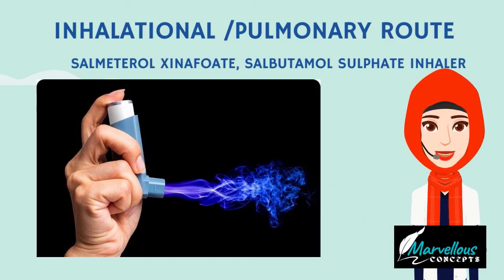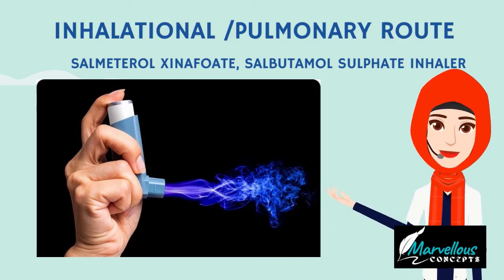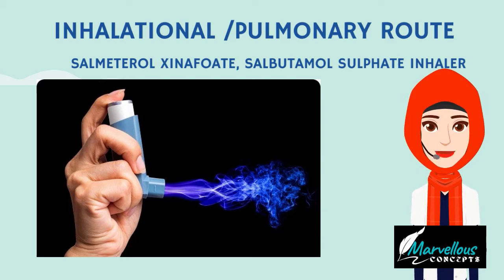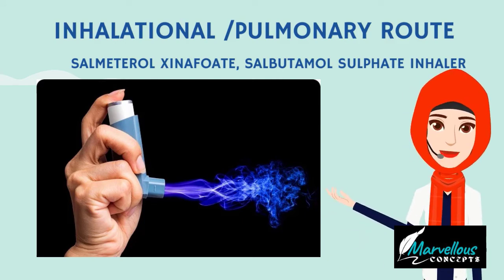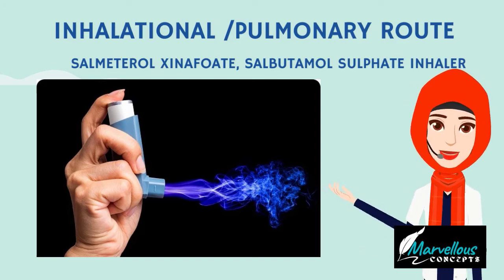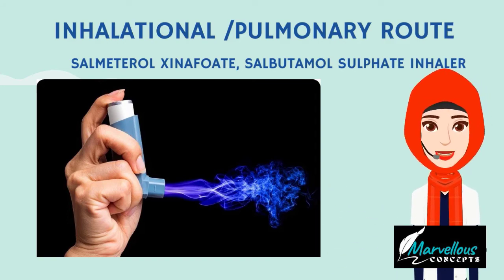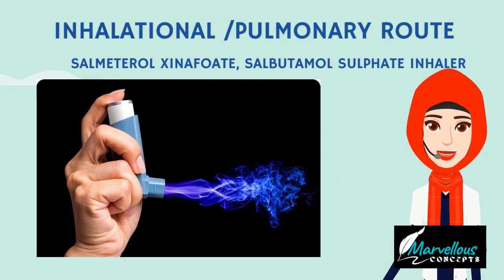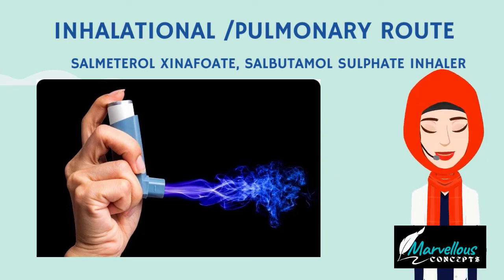Example, salbutamol sulfate inhaler. Drugs can be inhaled as gases, for example nitrous oxide, and then diffused over the alveolar membrane into the bloodstream. This is how volatile anesthetics like ether, halothane, and methoxyflurane are administered.